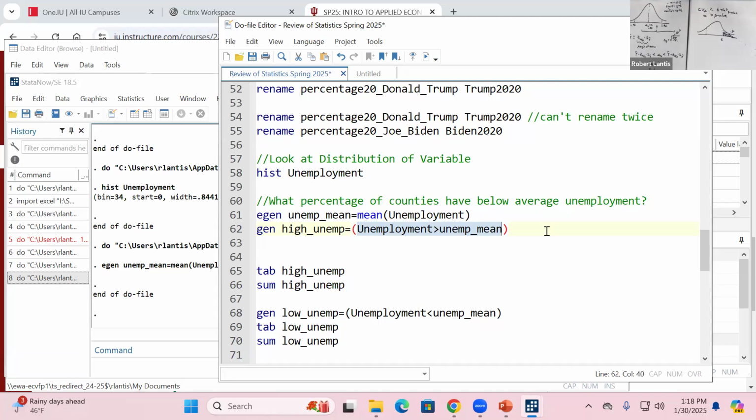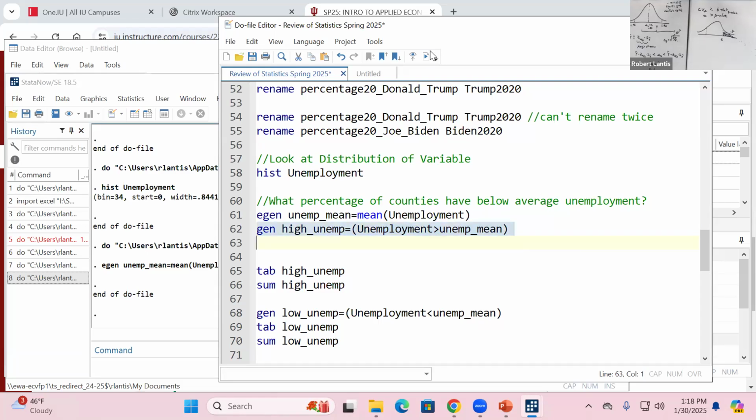So this high unemp variable will be what we call an indicator variable. It's a 1 whenever this is true. Whenever this isn't true, which would mean the county has the mean unemployment or less, the value put into this variable will be a 0.